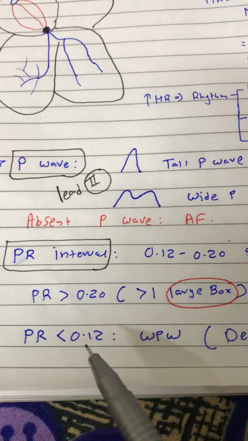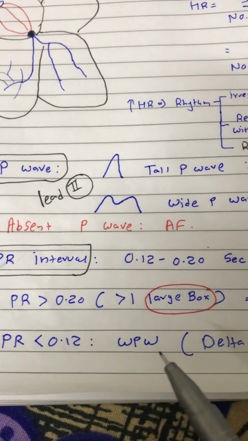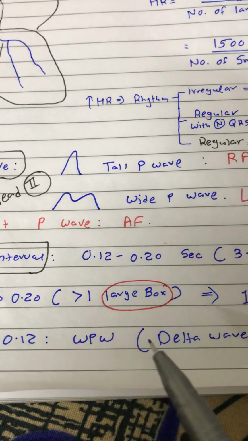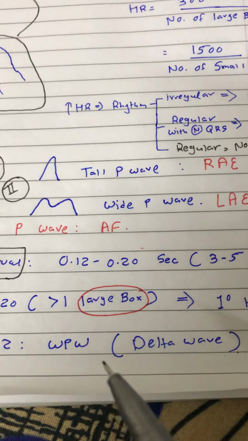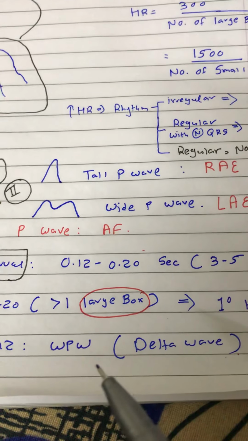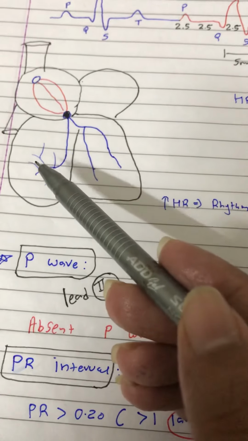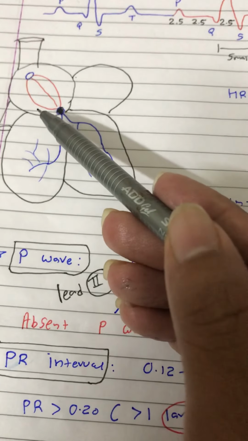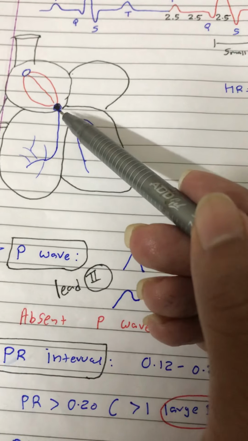And if the PR interval is less than 0.12, then it may be WPW syndrome. In WPW a delta wave is seen. What exactly is seen? In WPW there is an abnormal pathway between the atria and ventricles. So current flows from atria to ventricles, bypassing the AV nodal delay.